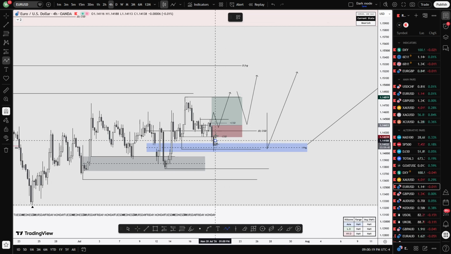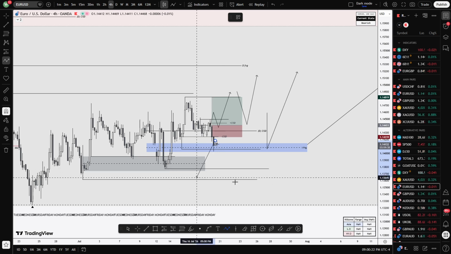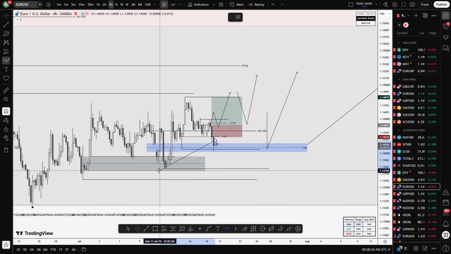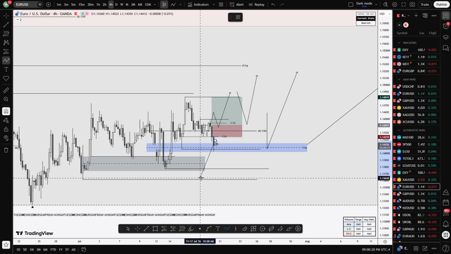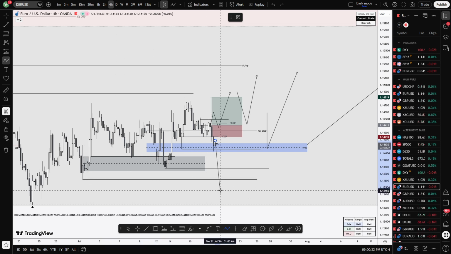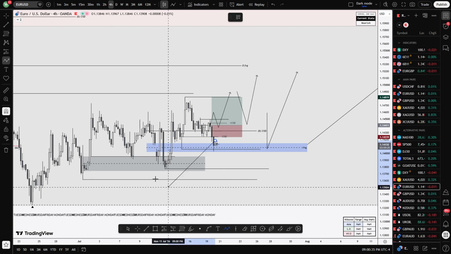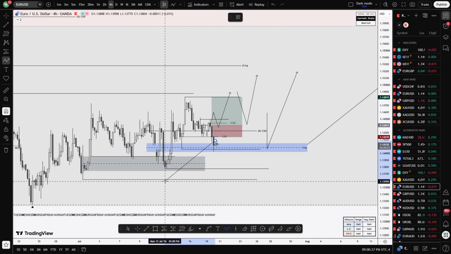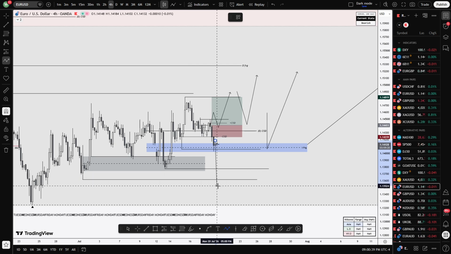If we see price trading to this low and then closing below it, it could also close below this low as well, which gives you proper confirmation, because they are very close.